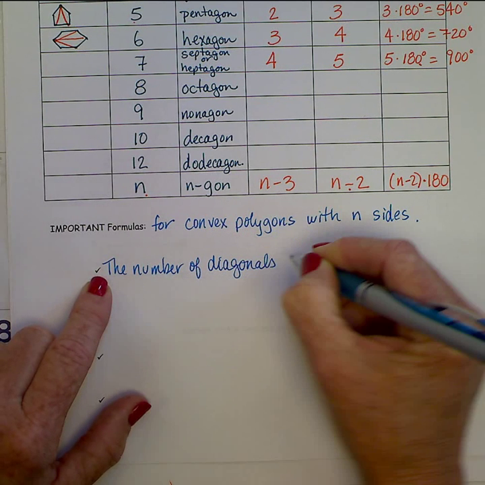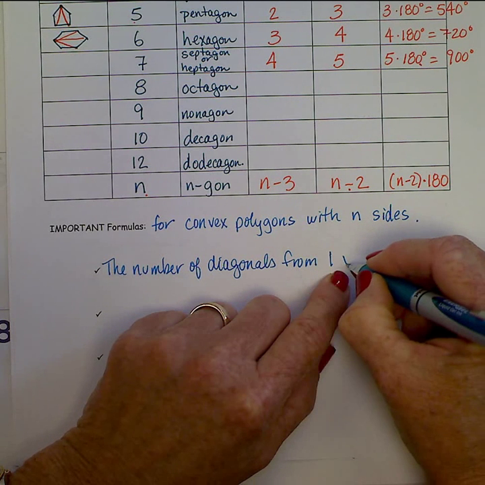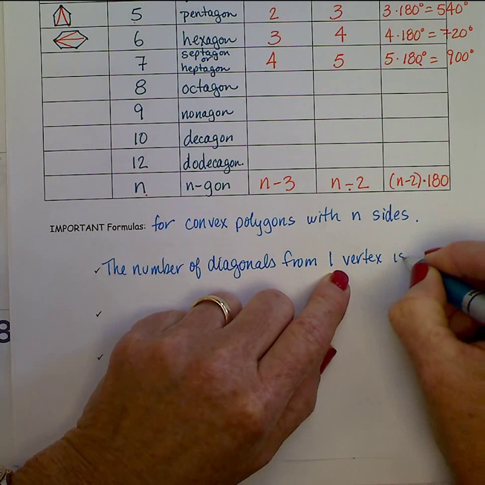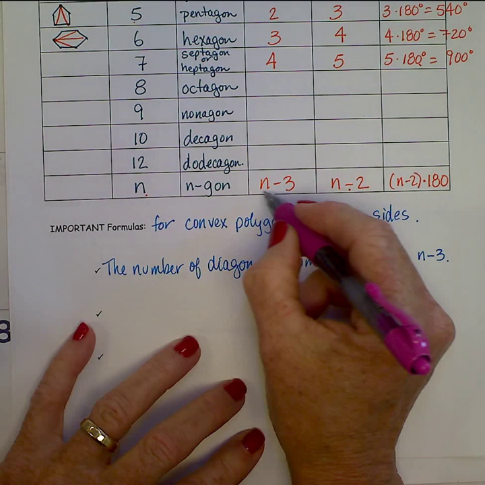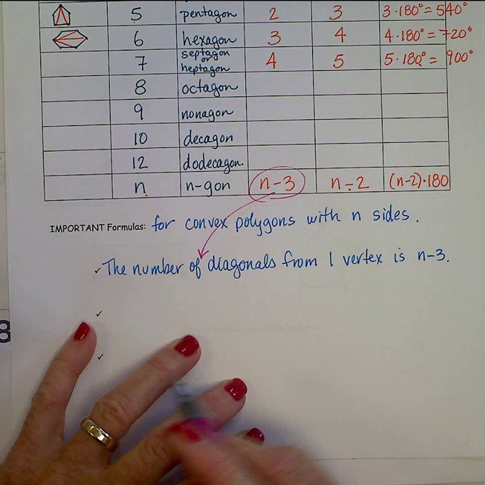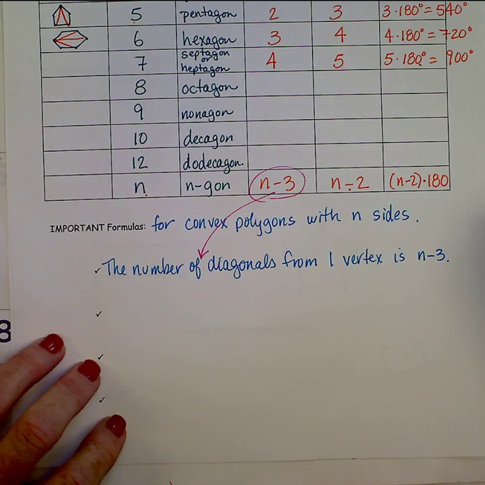That's this right here. N minus 3 is the number of diagonals from one vertex.